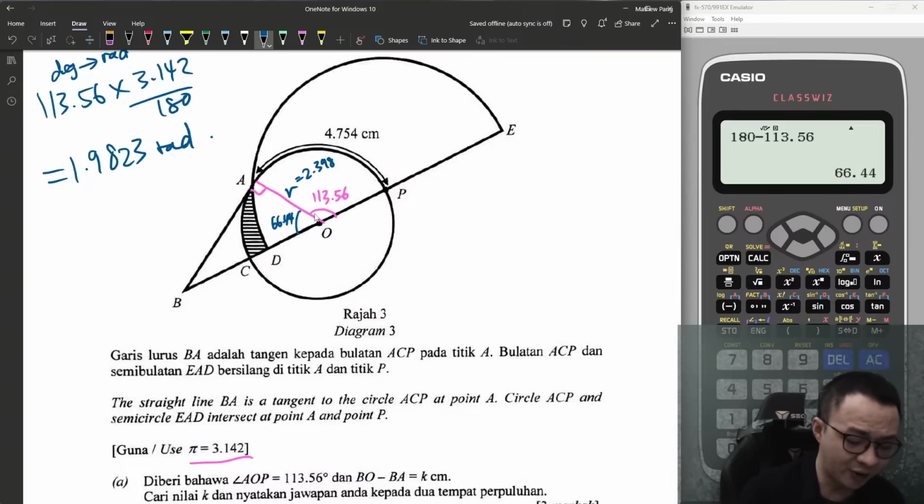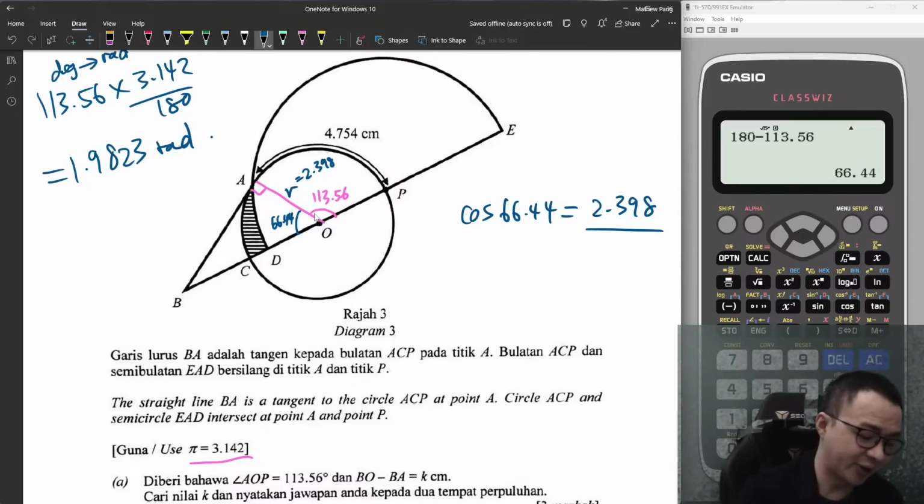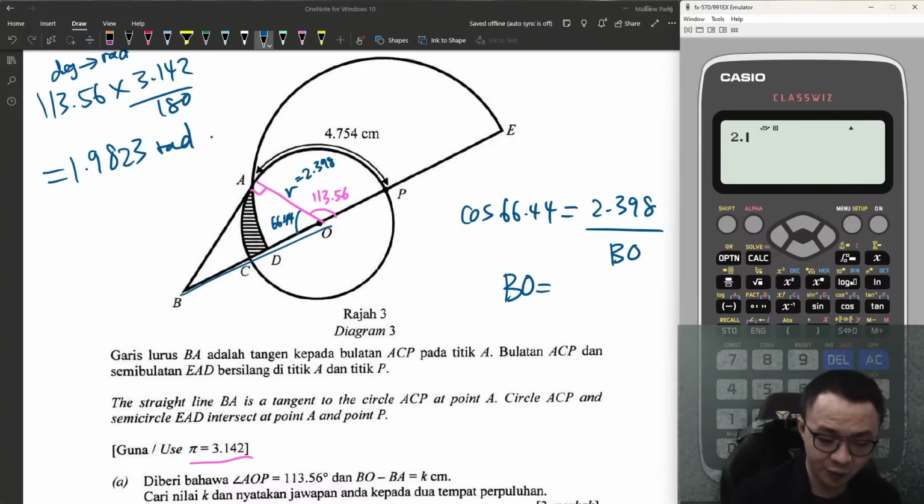I will use cos first. So cos 66.44 equals adjacent, which is my R, over hypotenuse, which is BO. So I can get the length of BO now, which is 2.398 over cos 66.44.